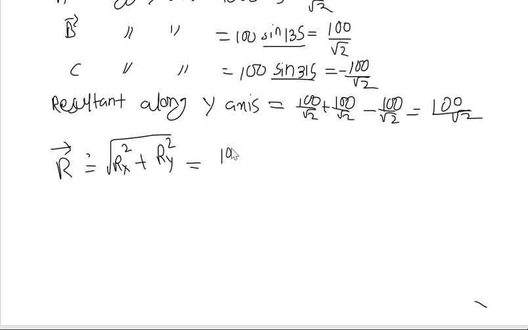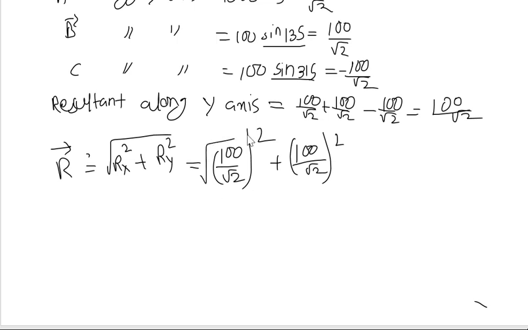If I put 100 by root 2 whole square plus 100 by root 2 square, its value becomes 100.